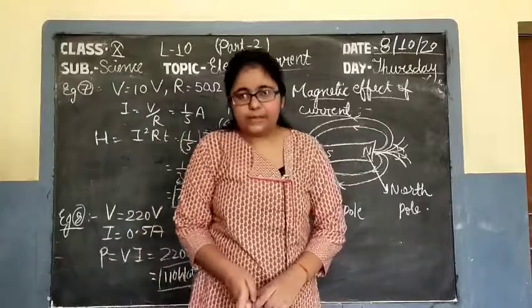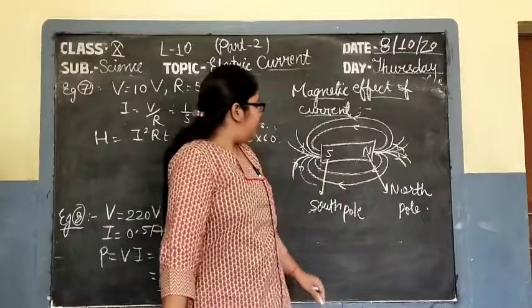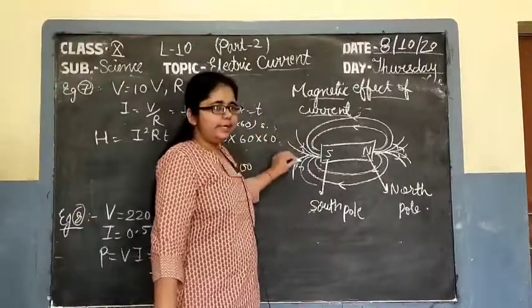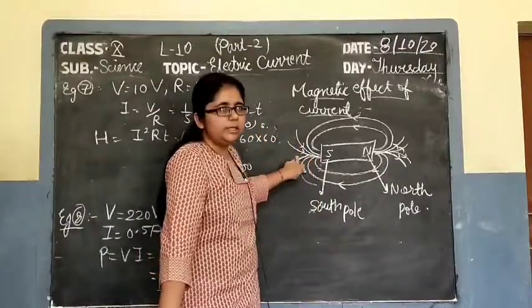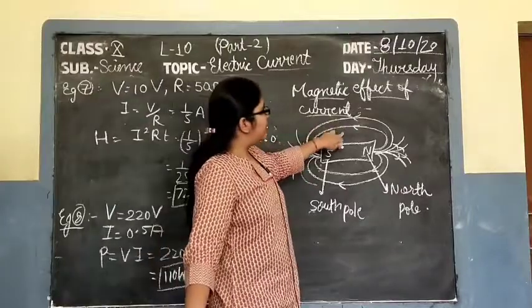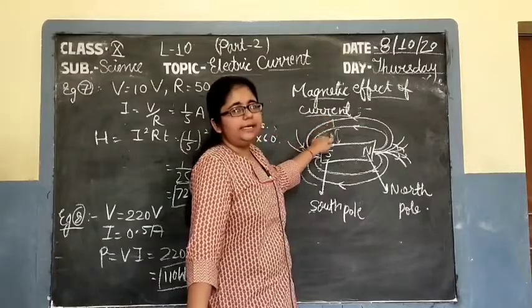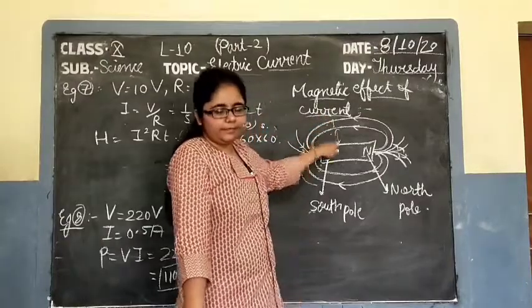So this is the magnetic field and the magnetic field lines which are imaginary. If magnetic field lines are very near to each other, that is near the poles, then the strength of magnetic field will be more. If they are at a farther distance from each other, then it denotes that the intensity of magnetic field is less.